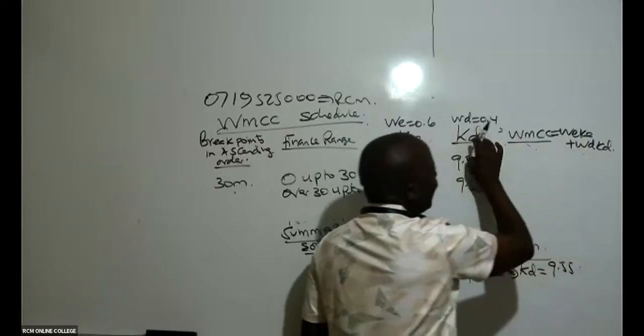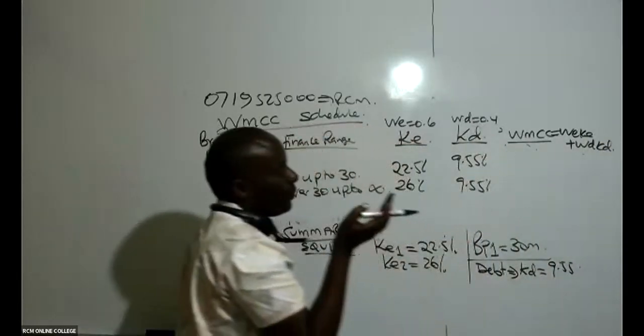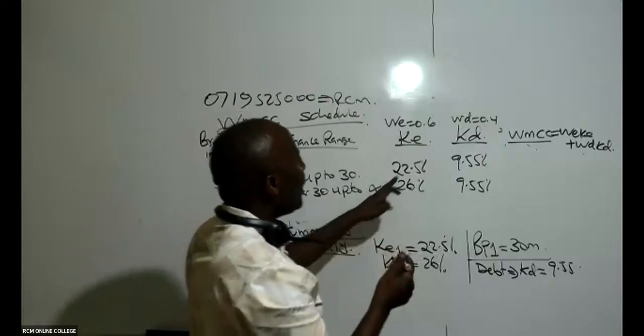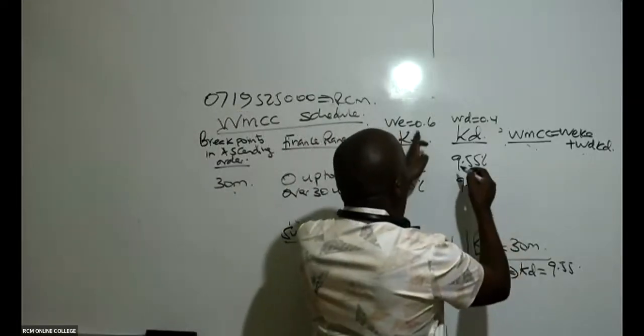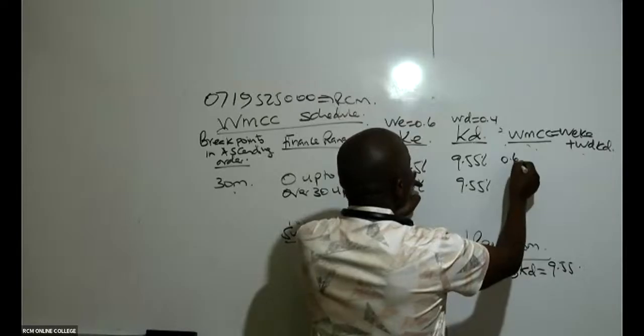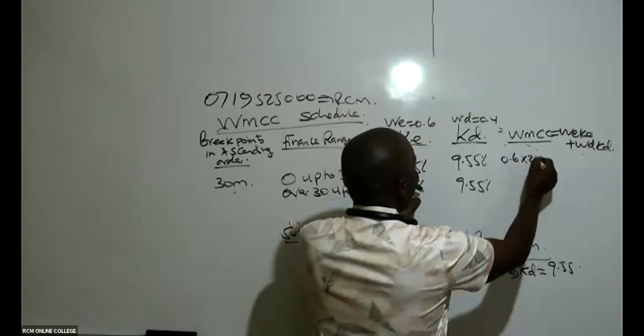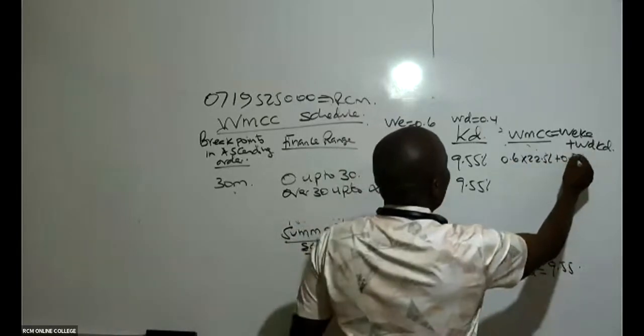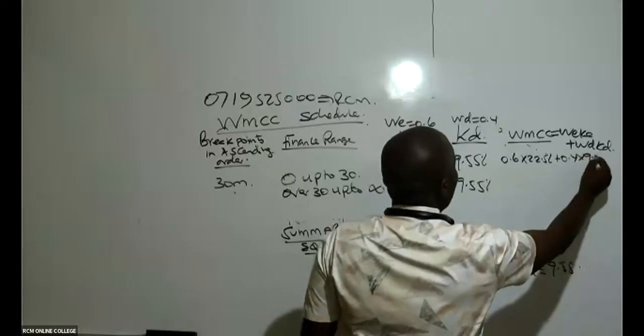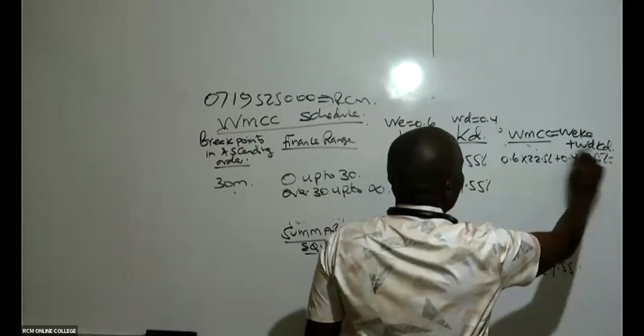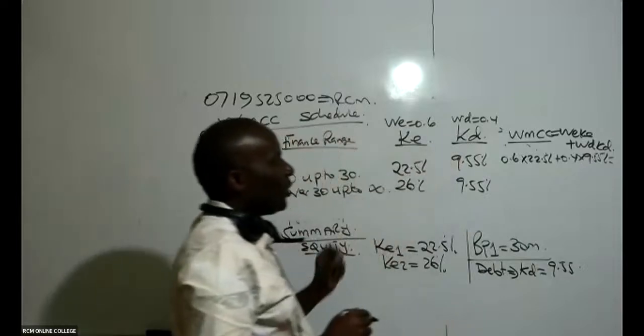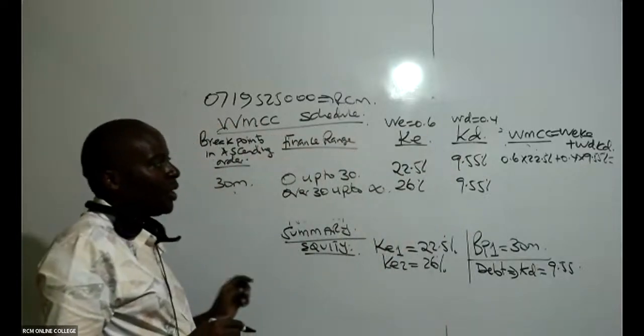Of course, we have already adjusted this for tax. So you take the weight, which is 0.6 times 22.5%, plus 0.4 times 9.55%. Already remember this KD figure is tax adjusted.